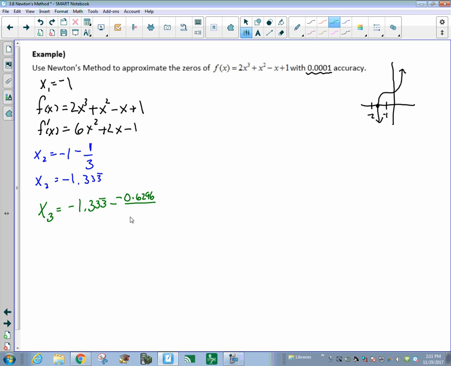And I'm going to divide that by substituting that value into the slope equation. I got 7. And so calculating that out, x sub 3 came out to be negative 1.24339.